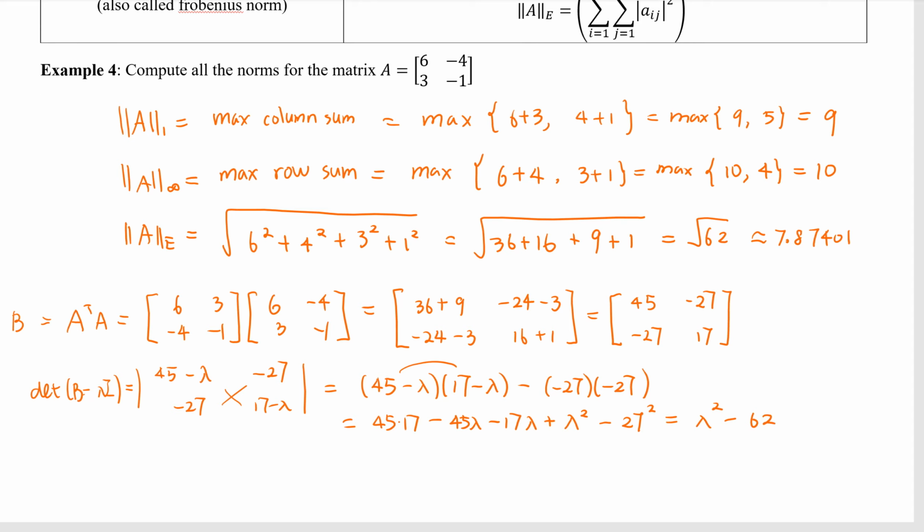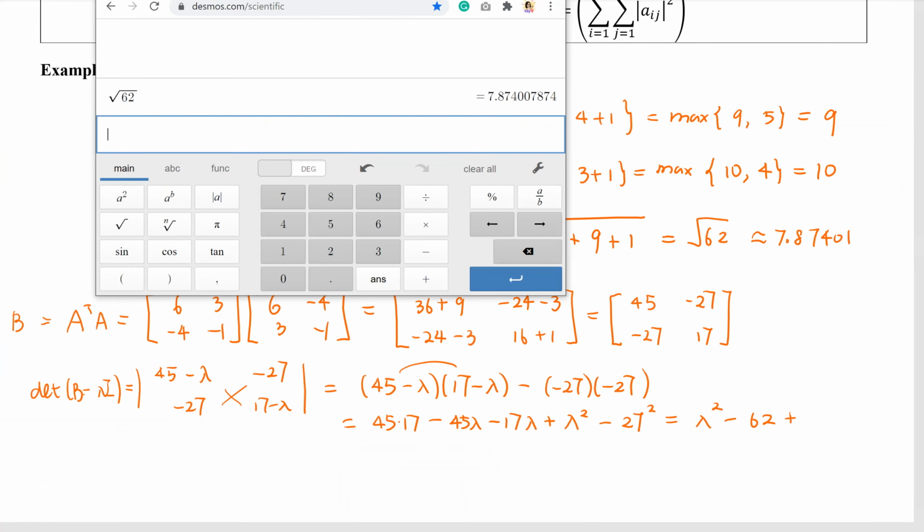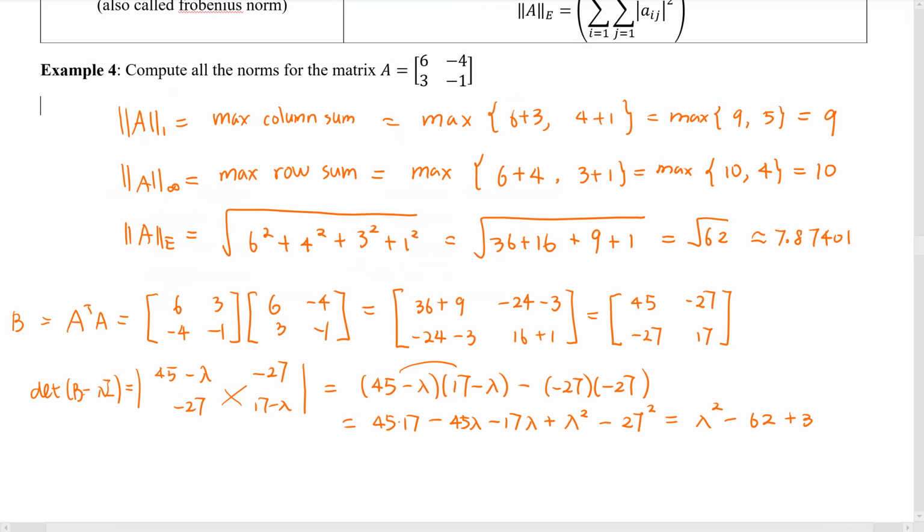Right? And then we have 45 times 17 minus 27 squared. I need my calculator right here. 45 times 17 minus 27 squared. 36. Okay, so this is the characteristic equation.